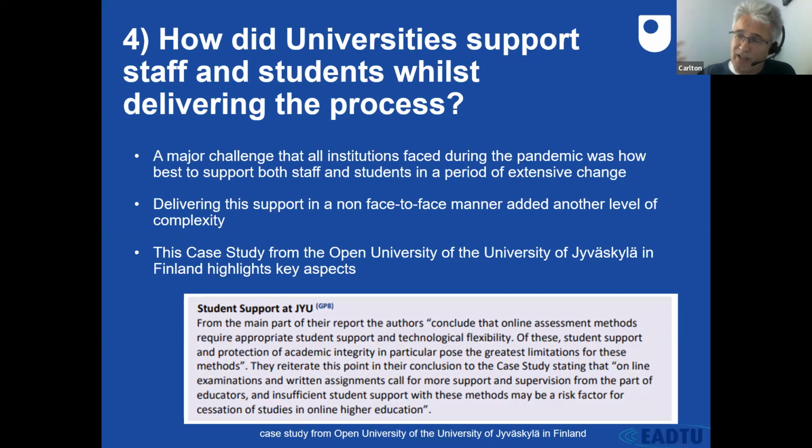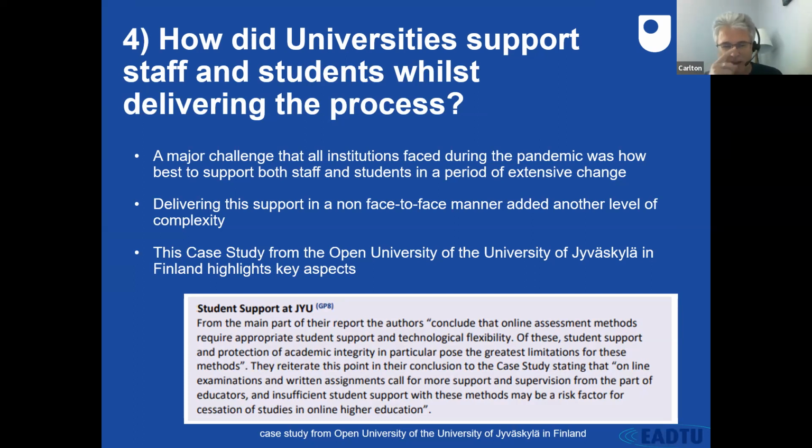Then there was also a student element, in terms of having to sit assessment in a manner that they perhaps weren't quite expecting. And trying to deliver all of that support in an online manner was quite a tricky thing to do.